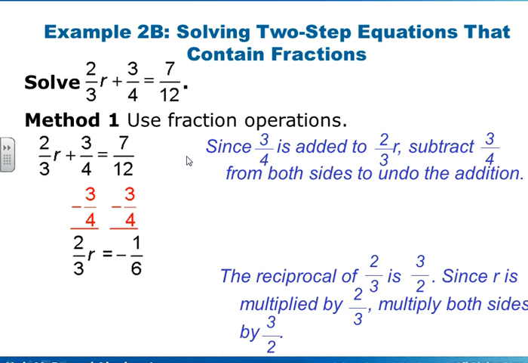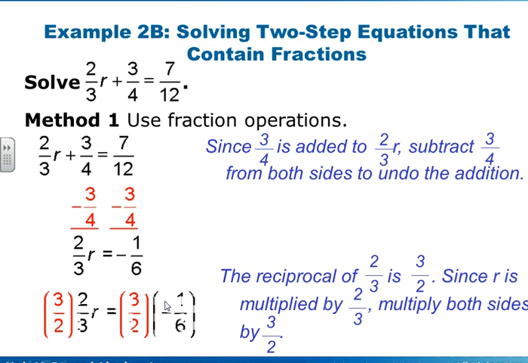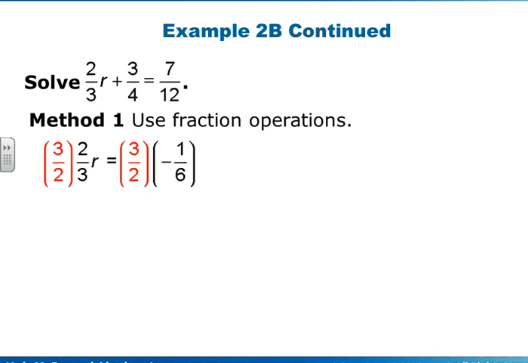Please remember that when we are adding or subtracting fractions, they need to have the same LCD, so this becomes times 3 and times 3. Then we multiply by the reciprocal of 2/3, shown in red, and we get negative 1/4.